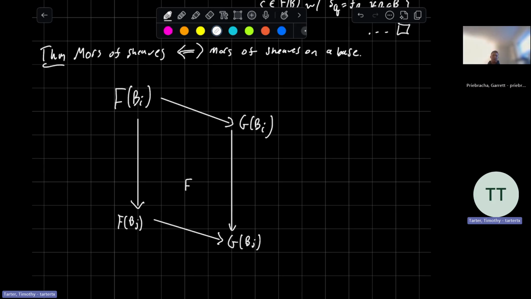And so then if we have script f of bj, script f of bi, and one of these needs to move over. Script g of bi, script g of bj.